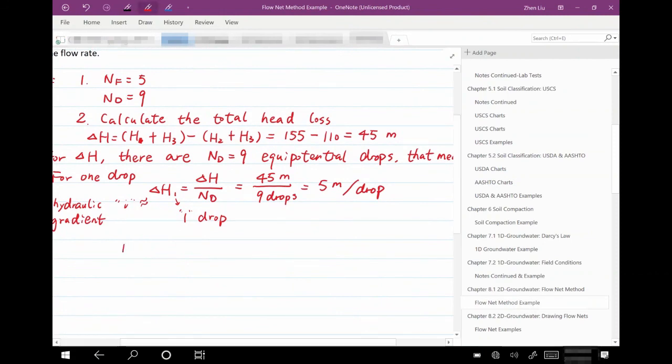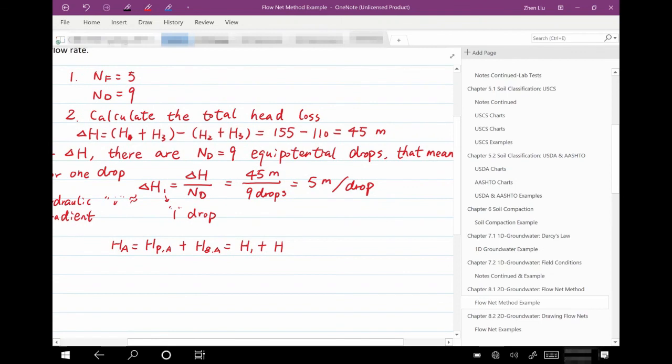So HA equals HPA plus HZA. And HPA here is H1, plus H3. So here it is 55 meters plus 100 meters.